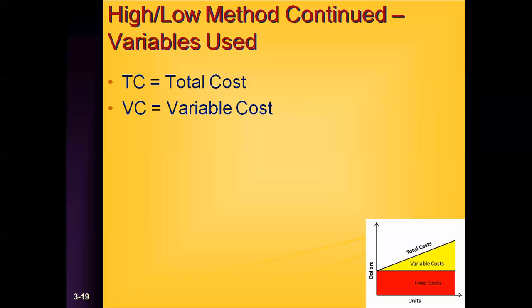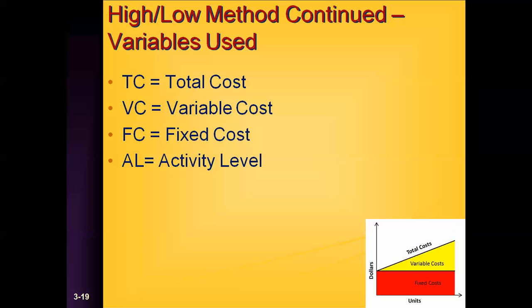Once you do that, then you can begin to describe your equation and the variables associated with that equation. You need to write these down, as we talked about. TC would refer to total cost. VC would refer to variable cost. FC would refer to fixed cost.